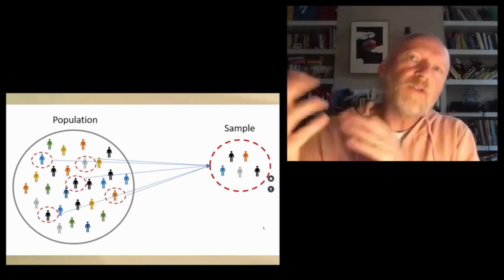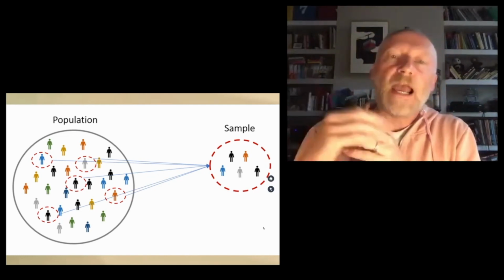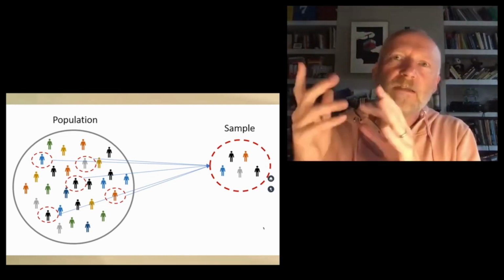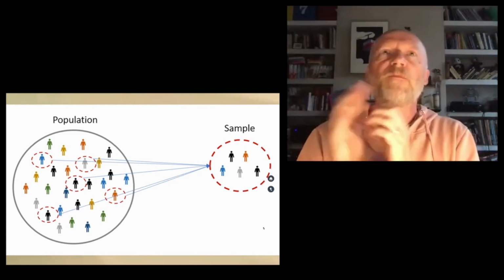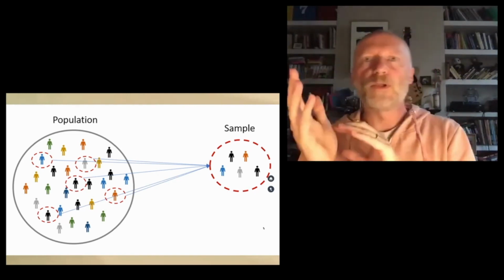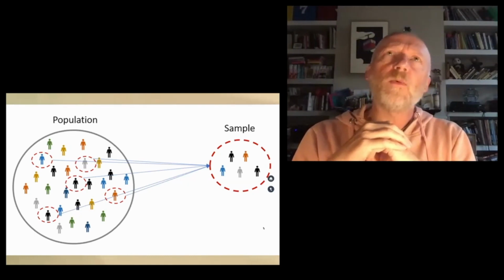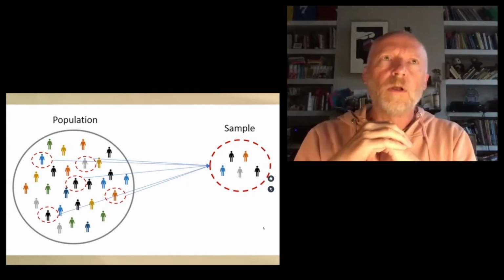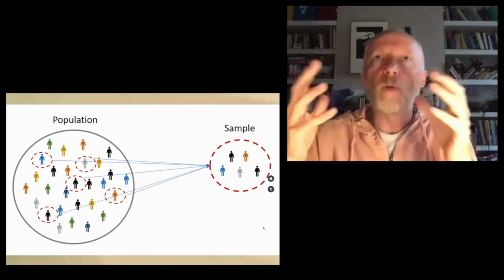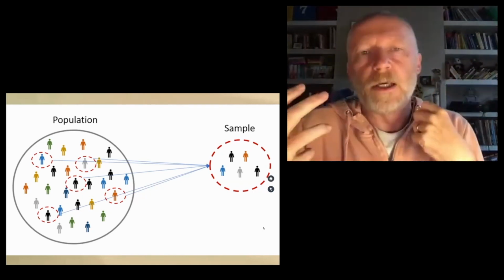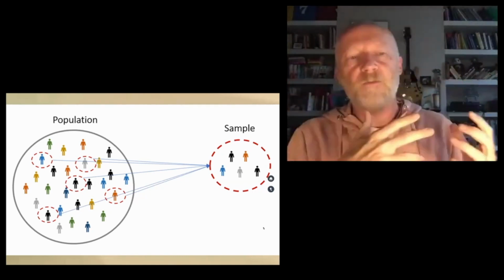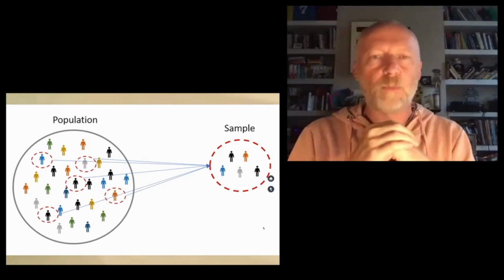Well, I don't mind if I've got a little bit of error in the 8 out of 10. Maybe I'm allowed 5% either way, so 8.5 or 7.5. I'm happy with that. And maybe I'm also happy with saying, okay, well, I want my sample 19 out of 20 times to be representative of what's happening in that population.